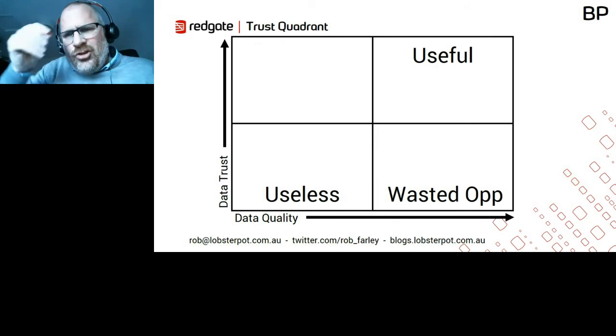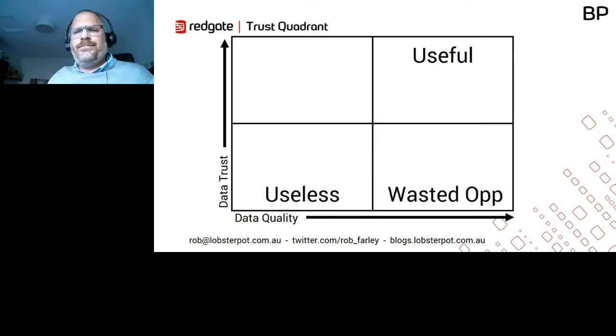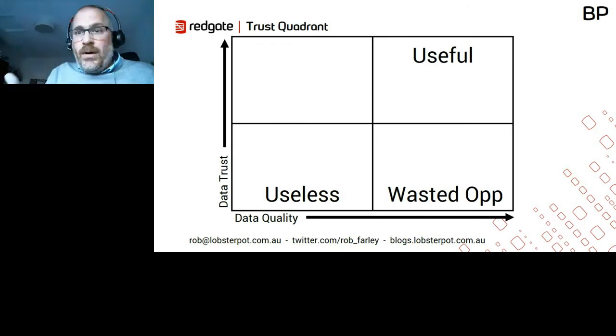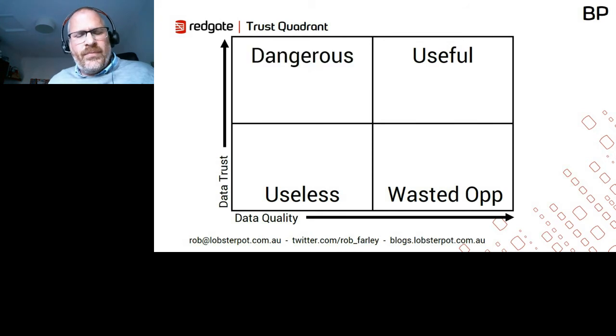You've got good data. You should be able to act on it. You've got to develop your trust. But if you've got data that is trusted, but it's not good quality, that means people are acting on that, despite the fact that the data is weak. And I think that that's dangerous, right?